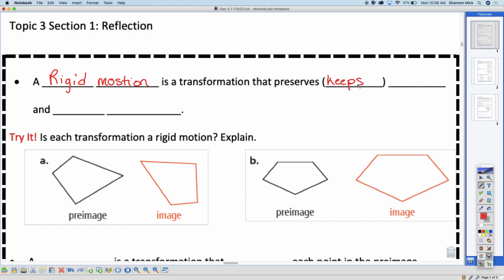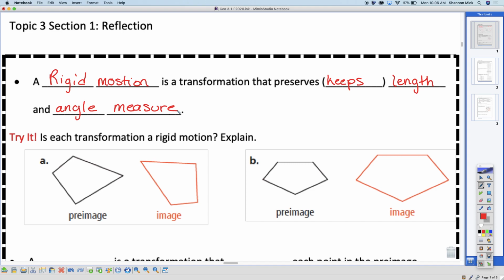Just so we remember what preserves means. Keeps length and angle measure. Okay? So a rigid motion is a transformation that preserves, or keeps, length and angle measure.